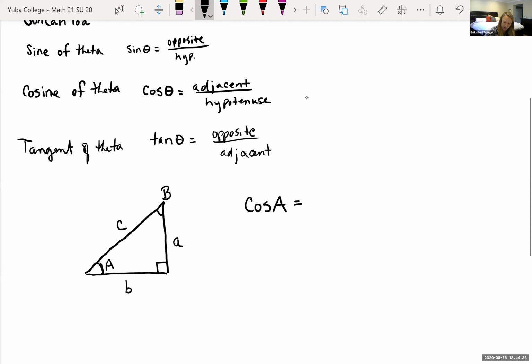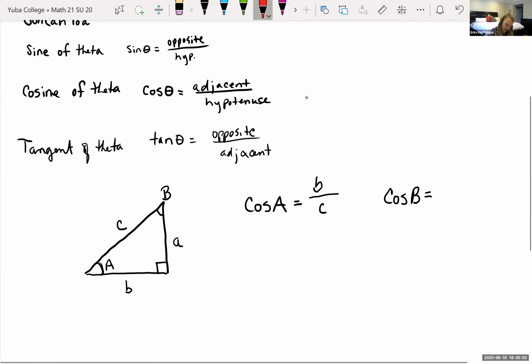Notice that the hypotenuse is on one side of angle A, and side B is on the other side of angle A. C is the hypotenuse, so the adjacent would be side B, all over the hypotenuse, which is C. So cosine A is B over C. But if we look at cosine from the angle of B, it would be different.